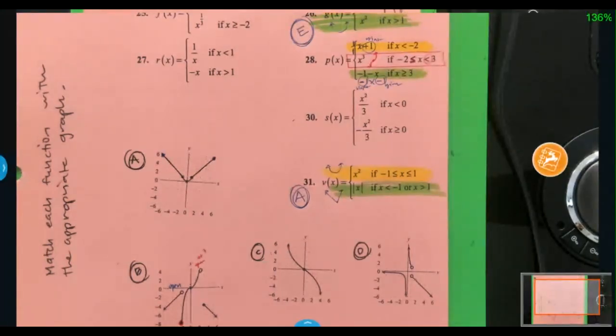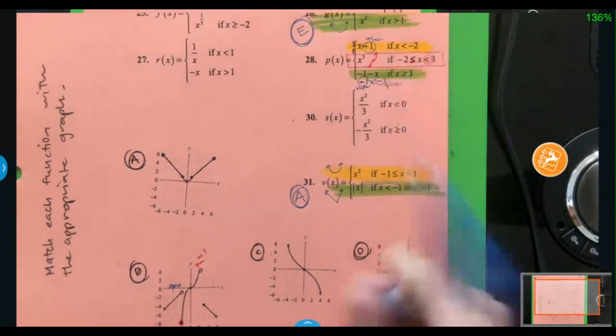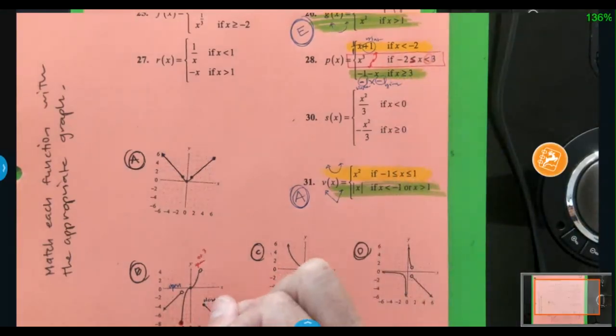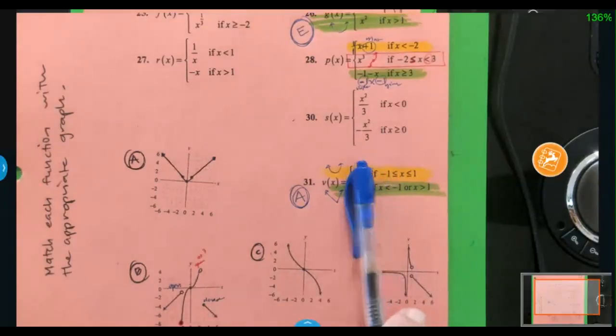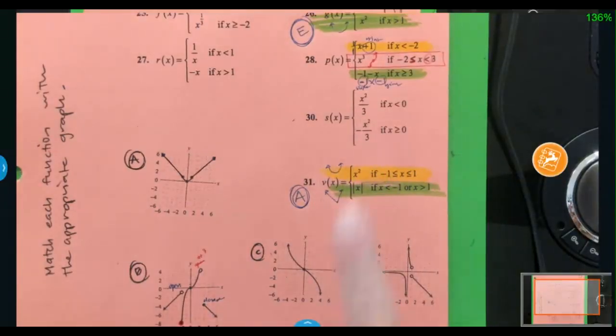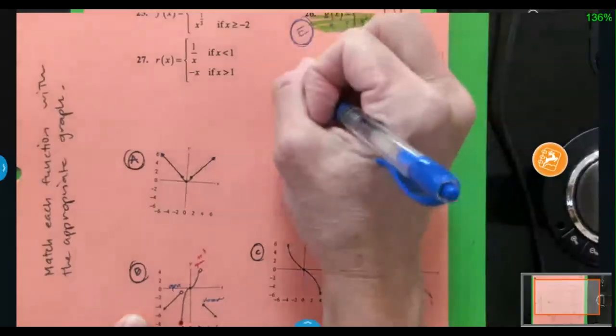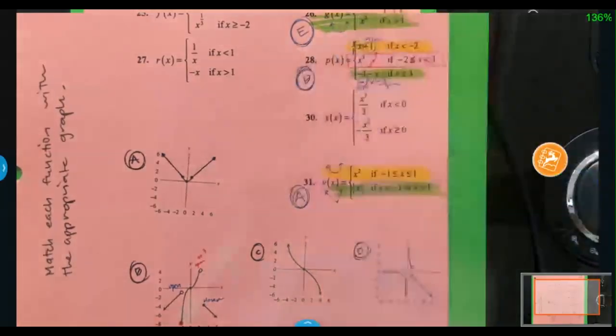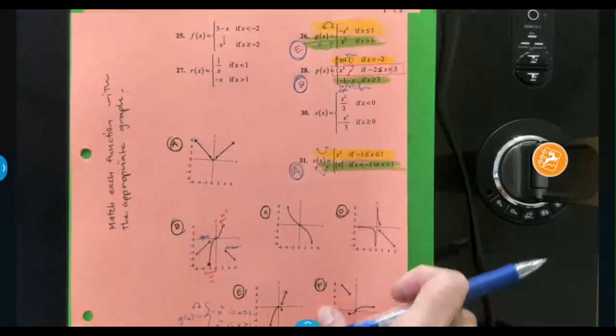But you're going to have to graph them yourself. So this is just a warm-up, right? All right, and then if you look at 3, it should have been a closed circle. So what number am I on? 28. 28 goes with B.